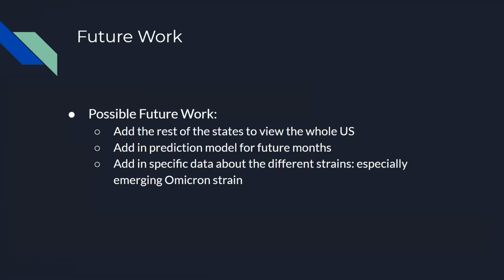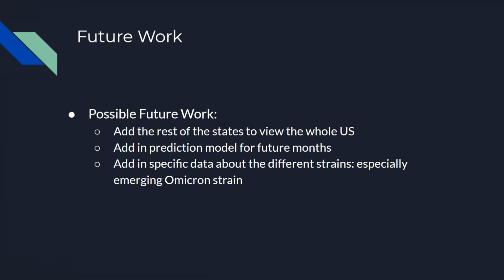We only did the Midwest for this as it's prevalent to where we go to school in Nebraska. But adding the rest of the United States would also be interesting, to compare the different regions, such as the South to the East Coast or the West Coast, along with their existing state data too.